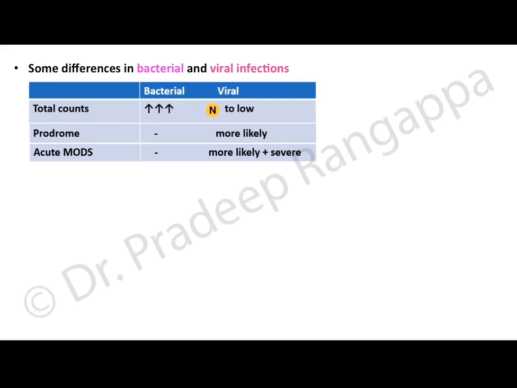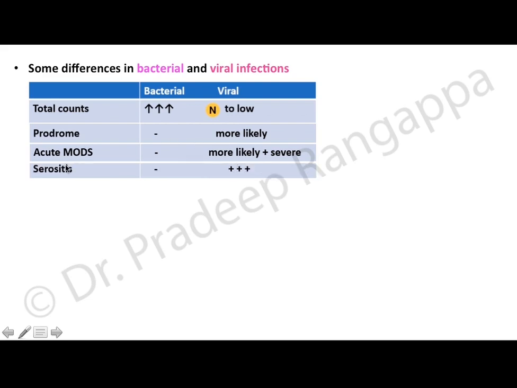But viral multi-organ dysfunction tends to happen all at once. When a patient typically comes with viral infection with MODS, like typical dengue, he may come with low platelets, hypotension, raised liver enzymes, and altered sensorium all at once. So I'm using the word acute: acutely having multi-organ dysfunction is more likely and more severe with viral infection.